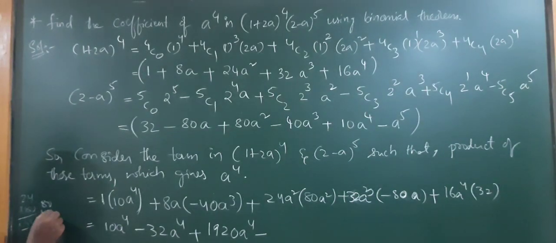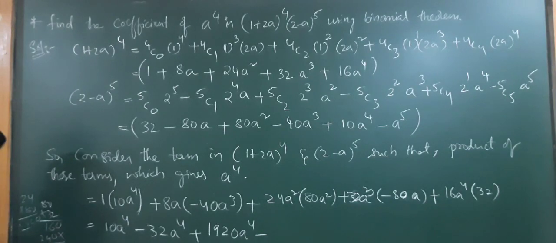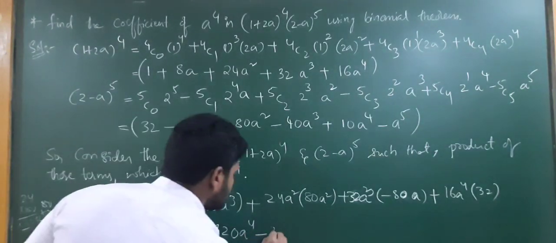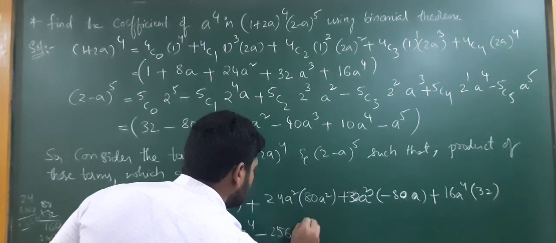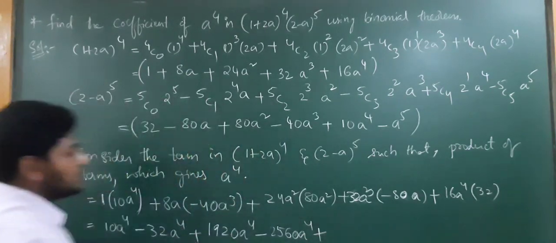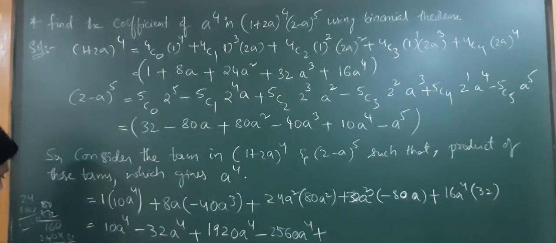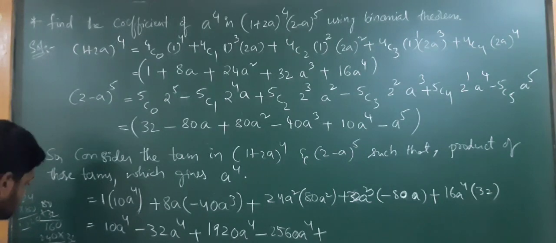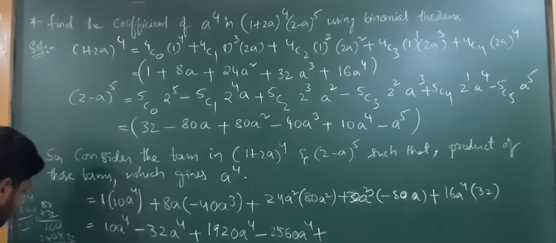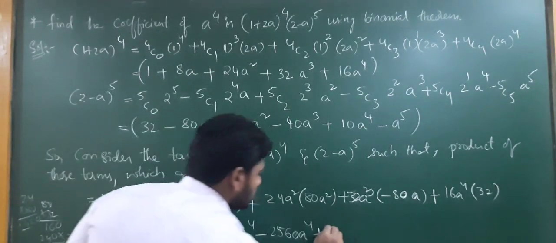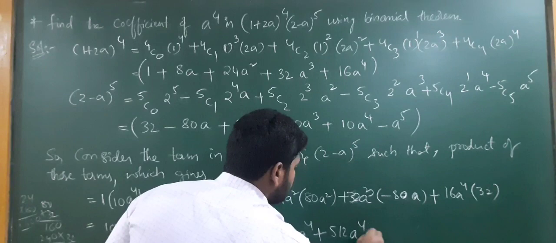So 80 into 32, simplify this, 2560, minus 2560a to the power of 4, plus 16 into 32, which is 512a to the power of 4.